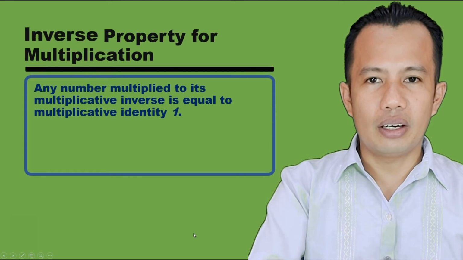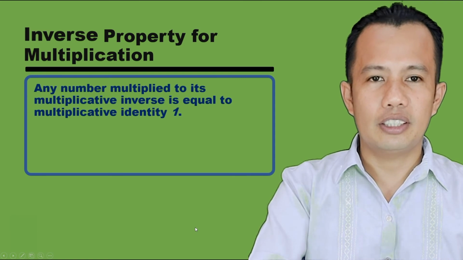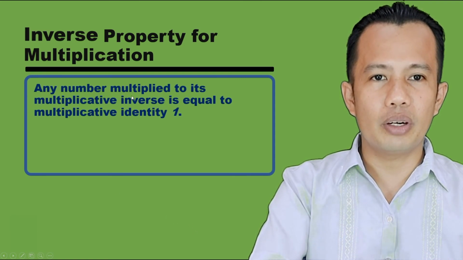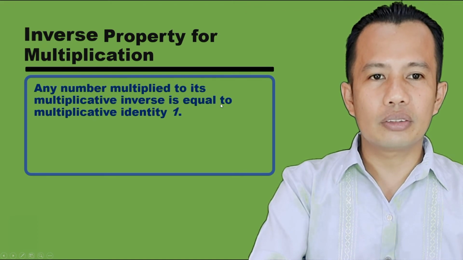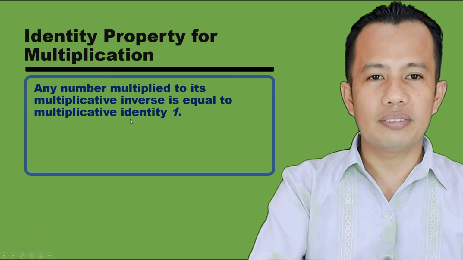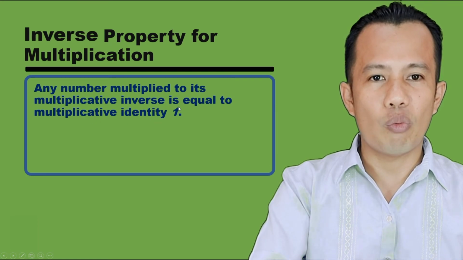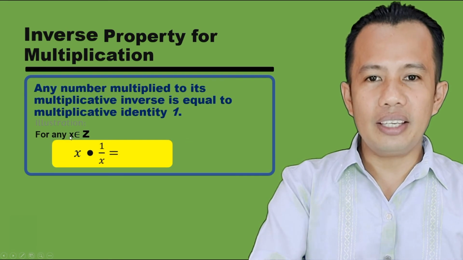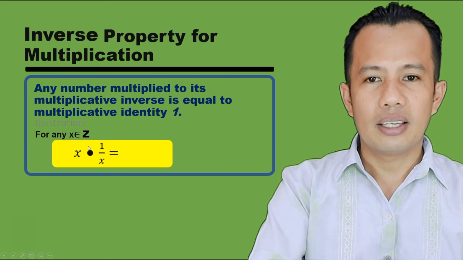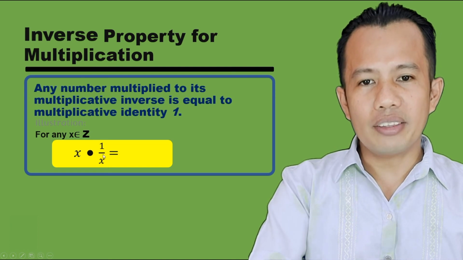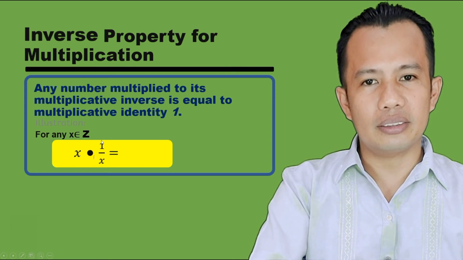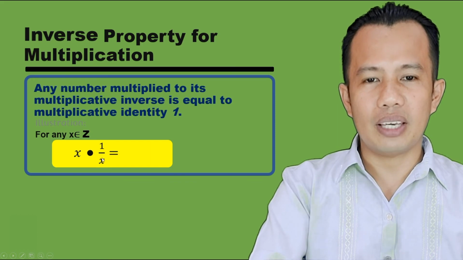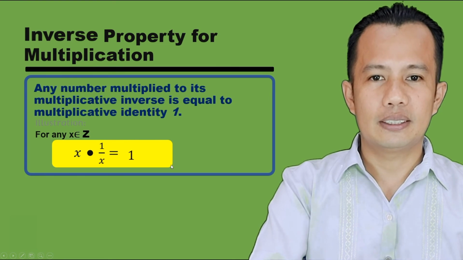Inverse property on multiplication. This states that any number multiplied to its multiplicative inverse is equal to the multiplicative identity or 1. To further understand this, for any x element of Z, x times 1 over x, here is our multiplicative inverse, will result to 1.